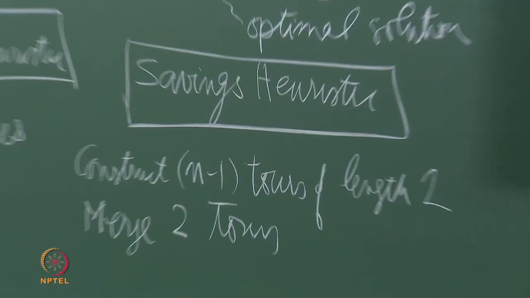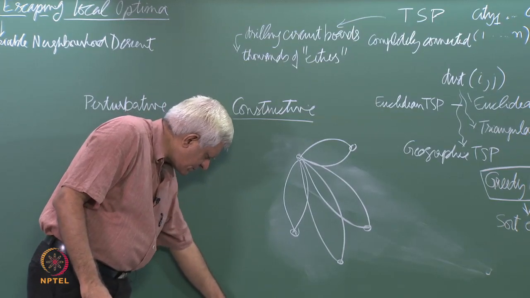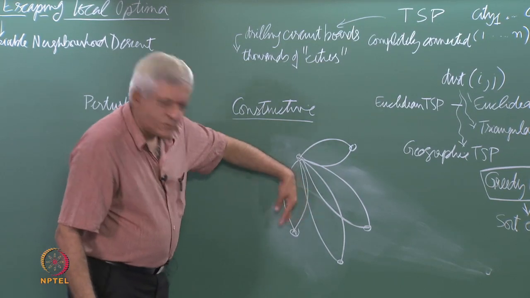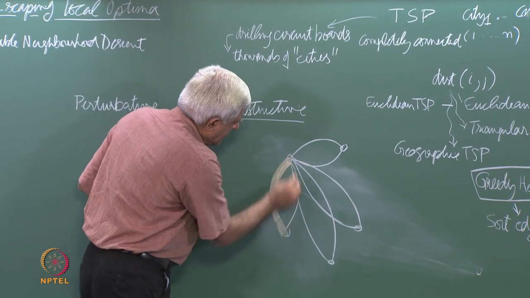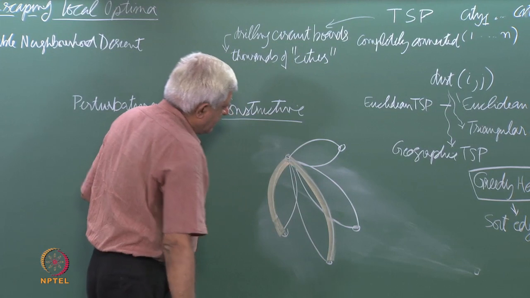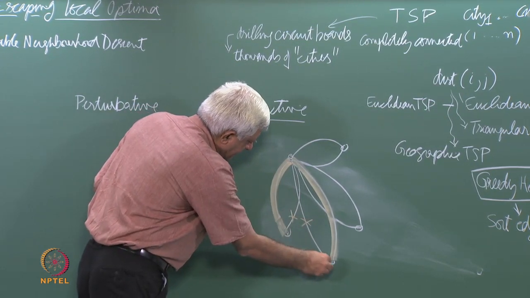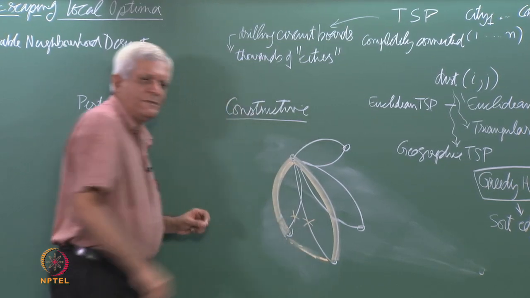How can you merge 2 tours? For example, I will merge the leftmost 2 tours. I will take this one from here, this one from here, and I will delete this edge, delete this edge, and add a new edge here.